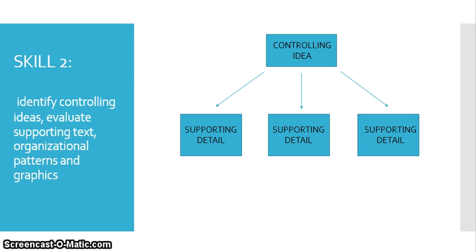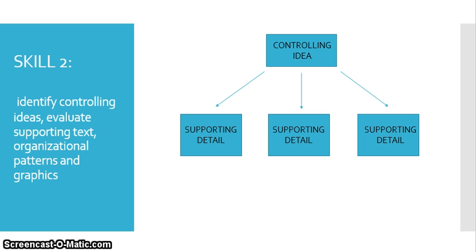supporting details. First one is, after you read, ask yourself, what was the passage, article, or story about? Try to sum up your answer in one sentence. Your answer will be close to the author's controlling idea. The next tip is, do not confuse a detail from a passage with the main idea.